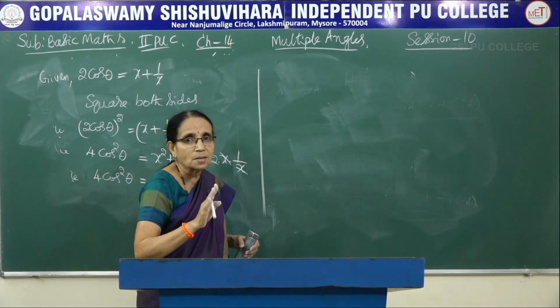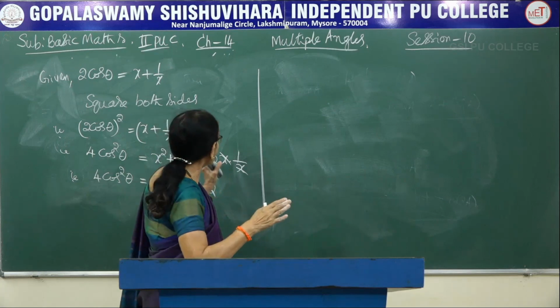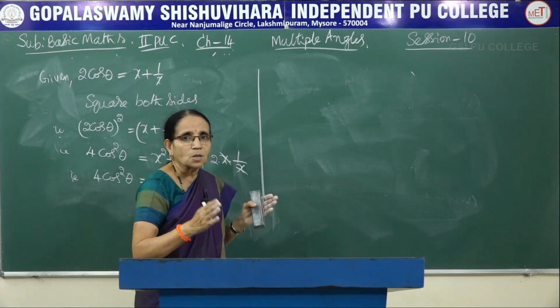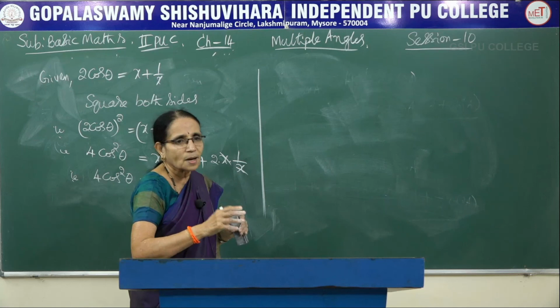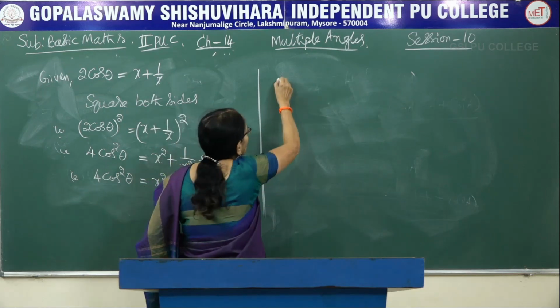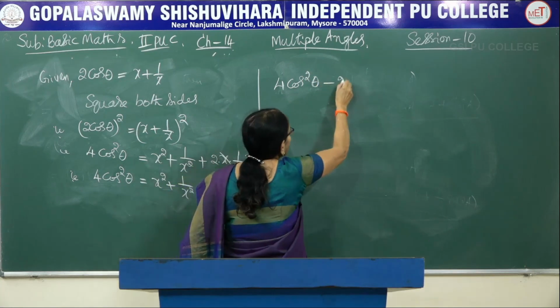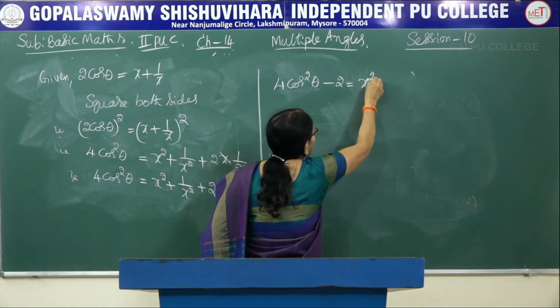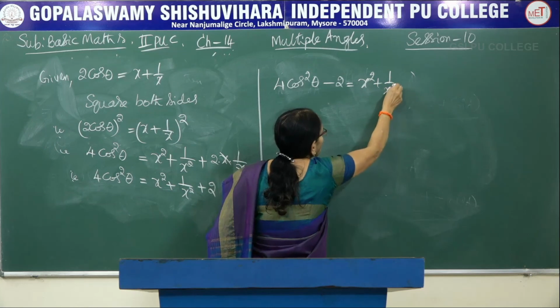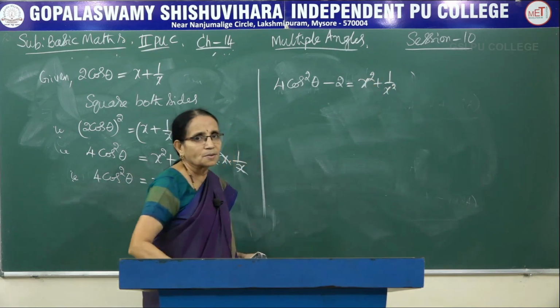I am starting with the data and I am trying to get the required result, both LHS as well as the RHS together. So that 2 on the right hand side, I am taking it to the left hand side, and here x square plus 1 by x square remains. So on the right hand side I have got the answer already.